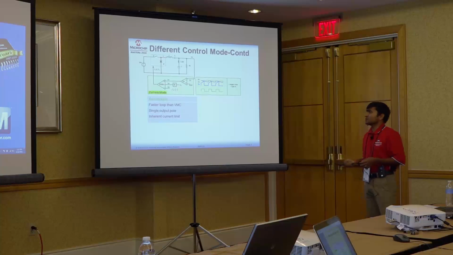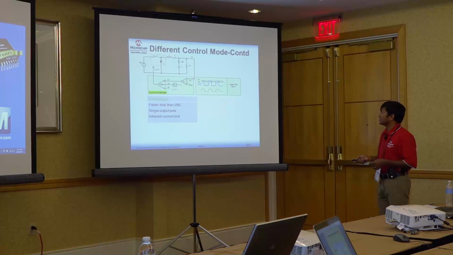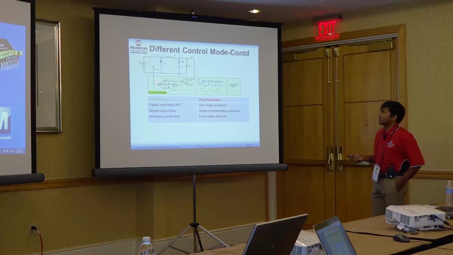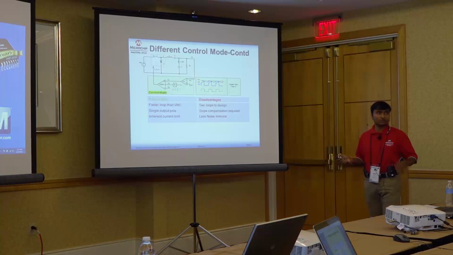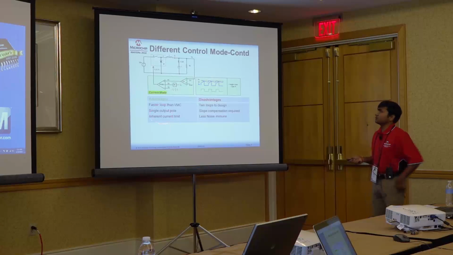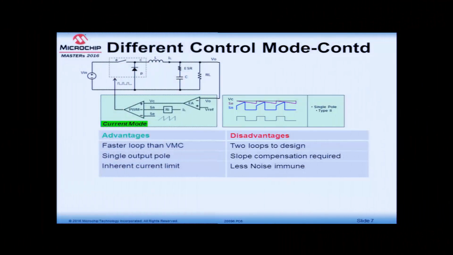Of course, there are some disadvantages with the current mode control as well. Now, there are 2 loops. So, we need to analyze the 2 loops as compared to the 1 loop, which means more calculations, and also for any operation above 50% duty cycle, we need to add a small compensating ramp to avoid the subharmonic oscillations.